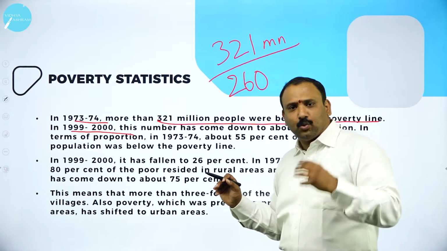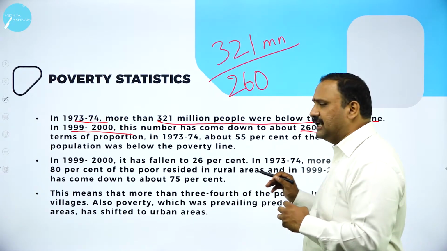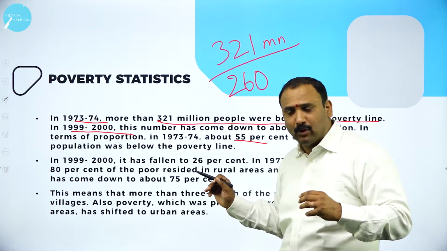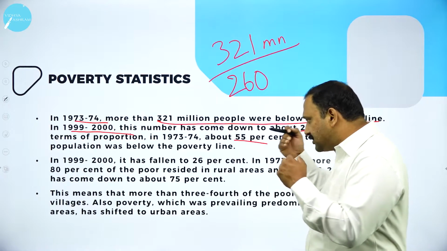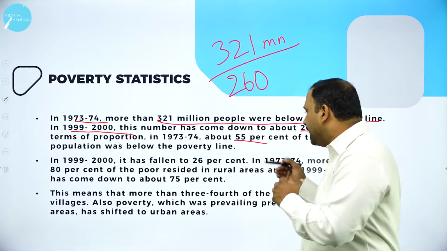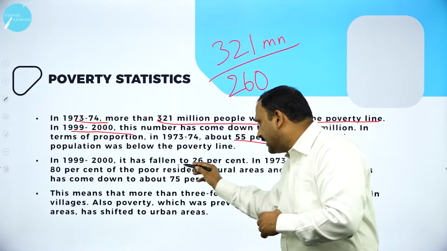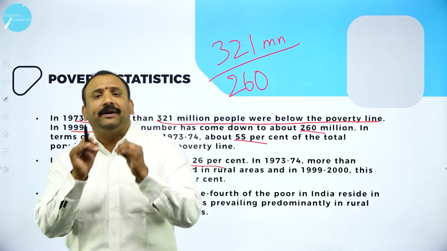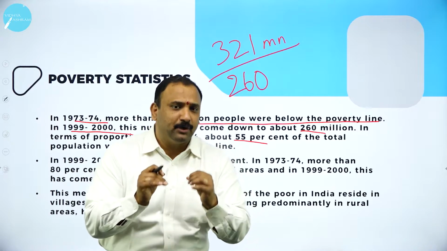this number. So what we are trying to understand here is that 55% of people in 1973-74 were below the poverty line, and now only 20% or 26% of people are under the poverty line. And to give you more recent statistics, it's only 20% of India's population that is below the poverty line.